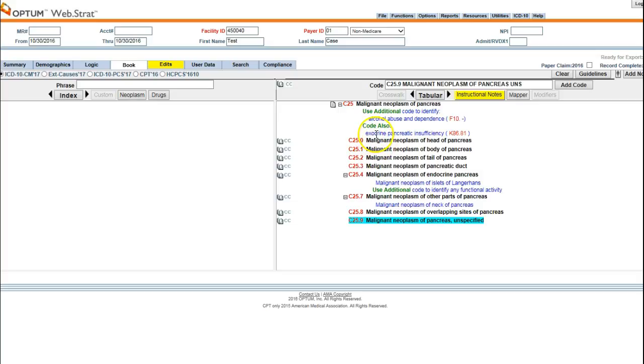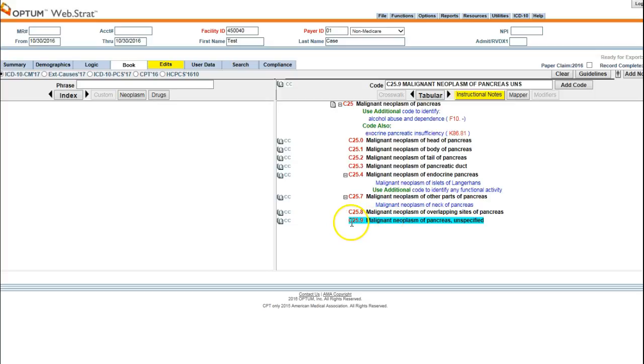Code also exocrine pancreatic insufficiency if the provider did mention that, but we could add this code because it's telling us that we need to add that because of the fact that the patient has pancreatic cancer. And then as you can see, these other codes just list the different portions of the organ of the pancreas.